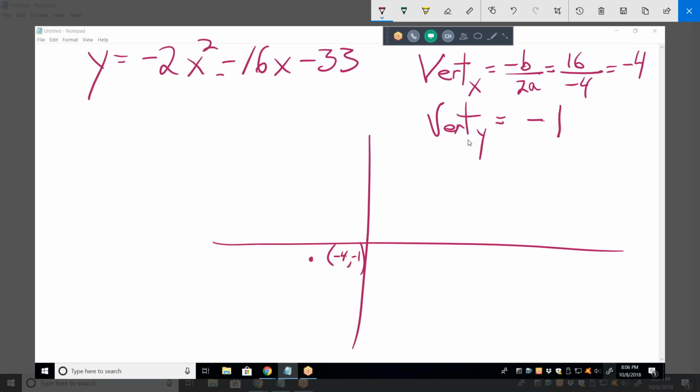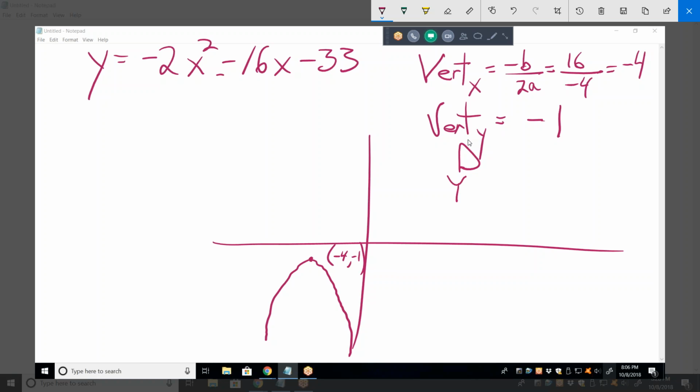Now, does it open up or down? It opens down. Now it goes like this. At this point, I don't mind graphing it, even though I don't know yet what the y-intercept is. I know that this is not the exact graph, but it's close. If I get a y-intercept, that'll be very helpful.